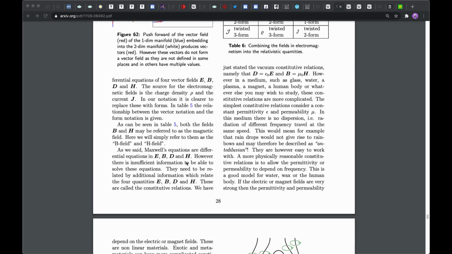But as we know, in the form world, we need a way to connect 2 forms to 1 forms, and for that we need to use the Hodge dual star here. So we are taking the Hodge duals and multiplying those by constants.